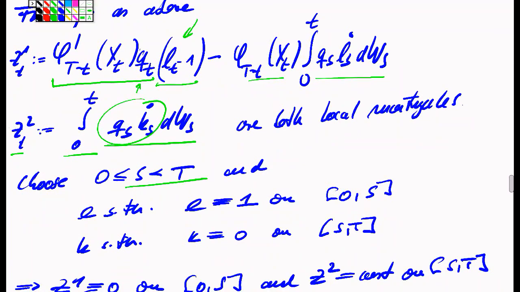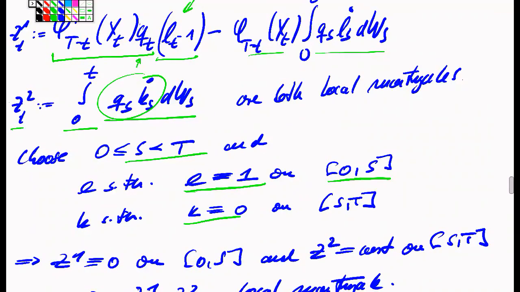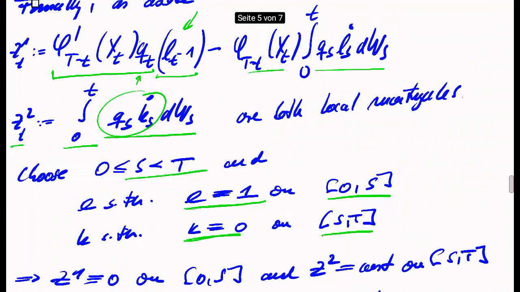Well, we wanted to make the choice of K and L in such a fashion that L is constant 1 on the subinterval from 0 to S, and K is constant 0 on the subinterval from S to T. This means for Z1, where the L process appears, that on the time interval from 0 to S, Z1 is constant 0.